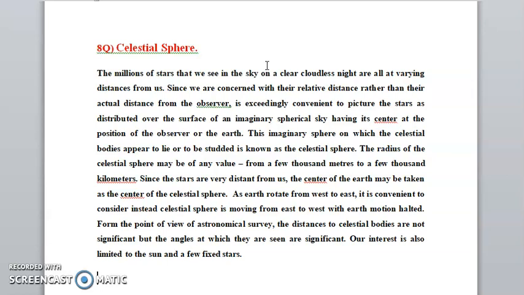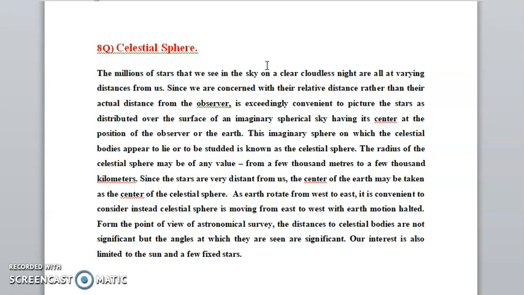The radius of the celestial sphere may be of any value from a few thousand meters to a few thousand kilometers, since the stars are very distant from us. The center of the earth may be taken as the center of the celestial sphere. The earth rotates from west to east.